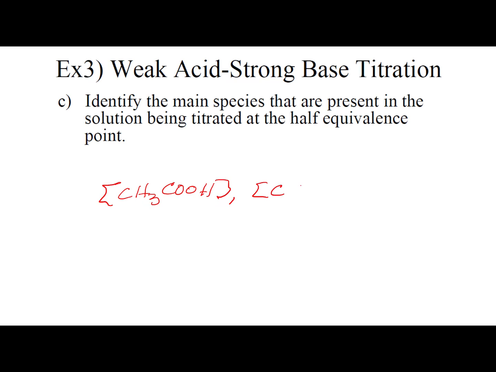You will have some acetate, and these two concentrations will be equivalent to each other. Of all the base you've added, you've used all the hydroxide, but the sodium was a spectator ion, so you will have some sodium. And you will also have some water.